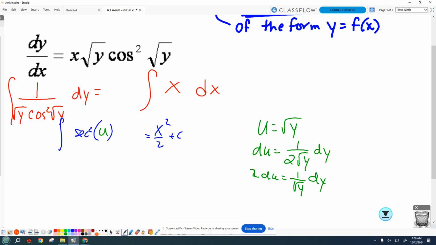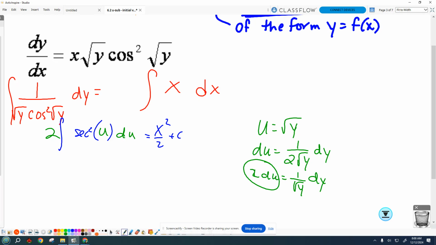Okay. I mean, if it's one for one, which we will do and it will be useful then, I don't see it useful here. Okay, so I still have 1 over the square root of y dy to replace. That's right here. So George, what is the integral of secant squared stuff?